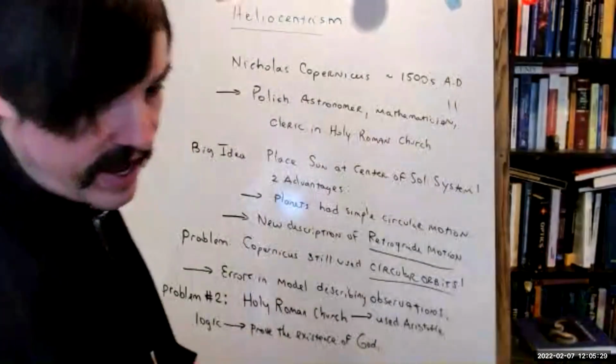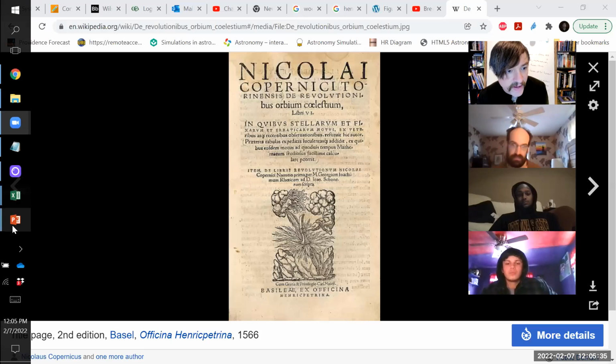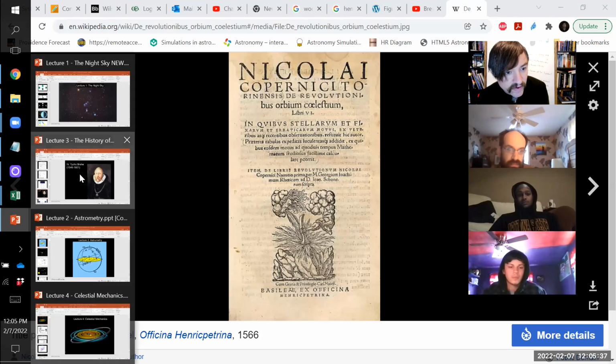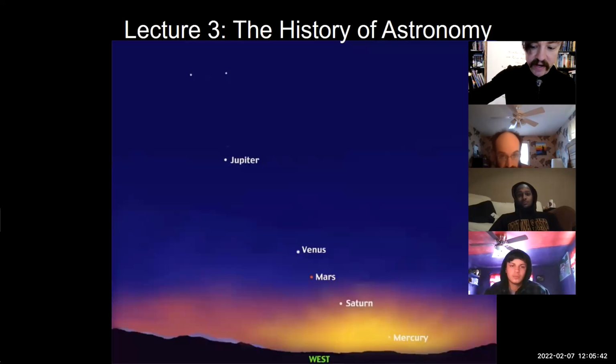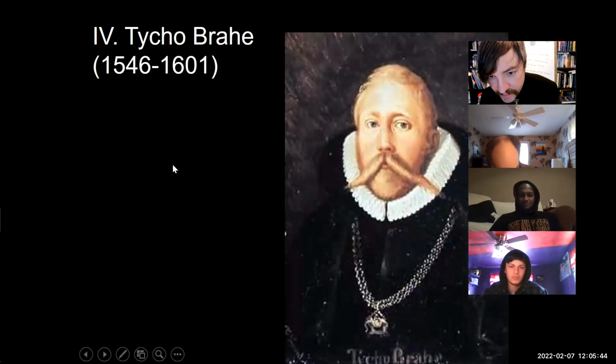Does Earth orbit the sun, or does the sun orbit Earth? And you try to resolve the debate through observations of the natural world. And the person who came after Copernicus, 100 years afterwards, who wanted to resolve this debate was one of the most legendary astronomers you've probably never heard about, a Danish astronomer named Tycho Brahe.